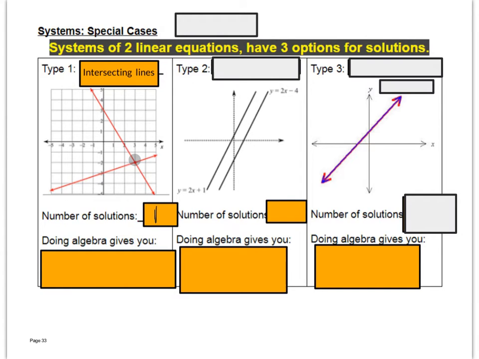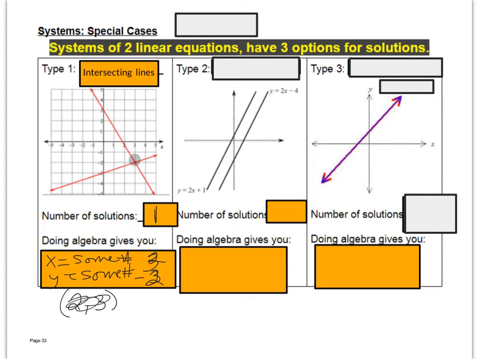When you do algebra, like all these problems we've done, you get x equals some number and y equals some other number. I'm going to put an example down. So you get one point where they intersect, maybe 3 comma negative 2 in our picture.